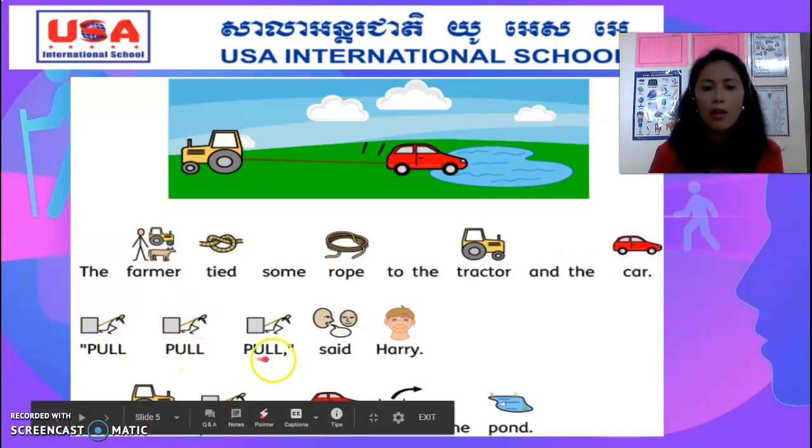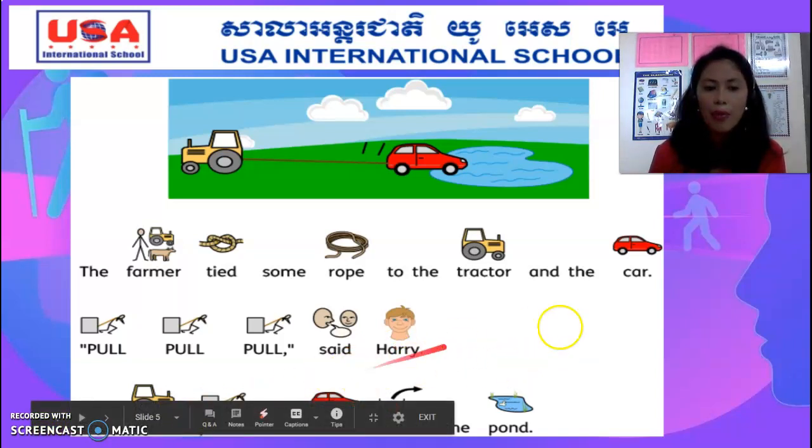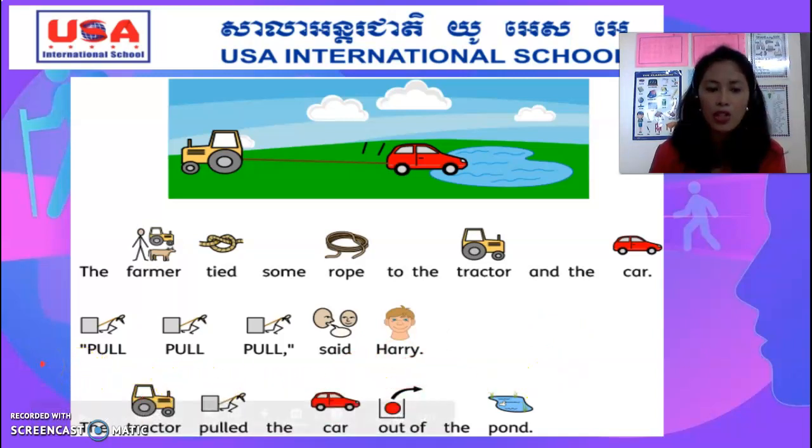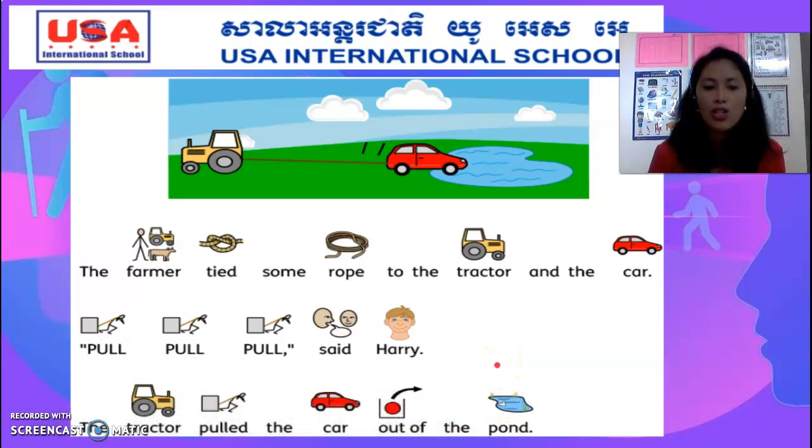"Pull, pull, pull," said Harry. Harry is the name of the farmer. The tractor pulled the car out of the pond.